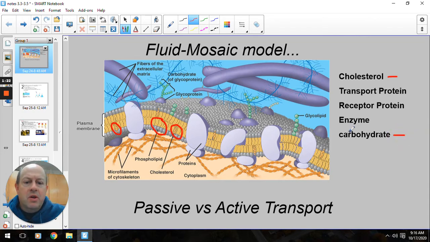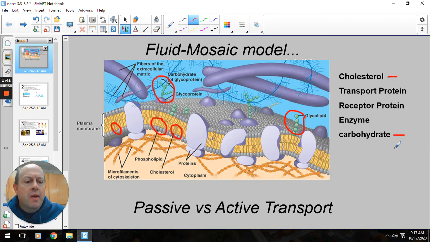Another thing is going to be the carbohydrates. On the outside of the cell, attached either to proteins or sometimes attached to the lipids themselves, are going to be carbohydrates. We would call that protein a glycoprotein or a glycolipid, glyco kind of along the lines of carbohydrate. The idea of the carbohydrates is these are your ID badges.